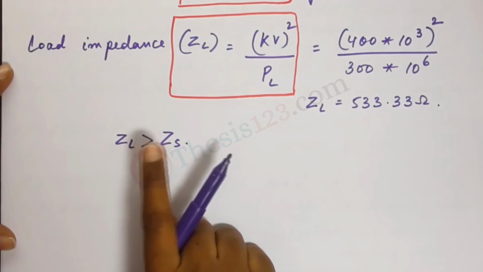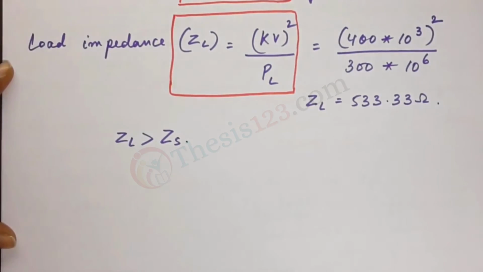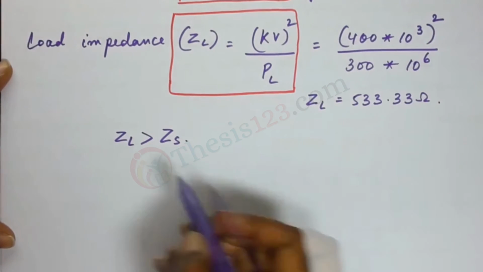Now when ZL is greater than ZS, that indicates that the receiving end voltage will be more than the sending end voltage.